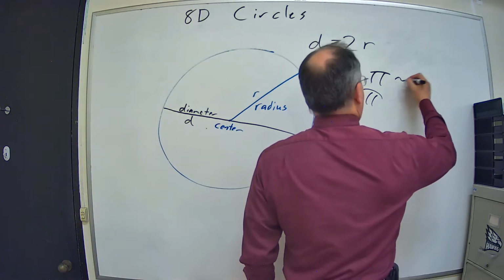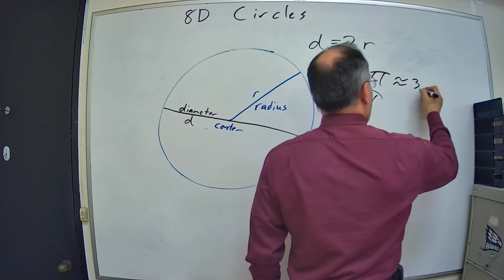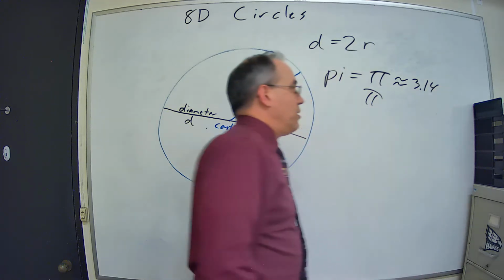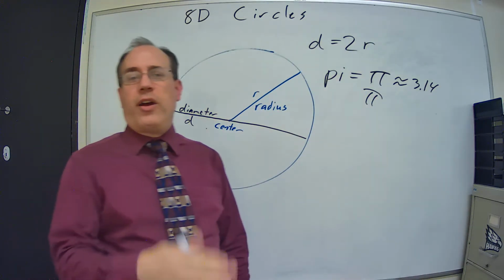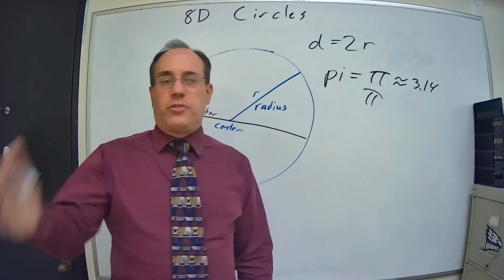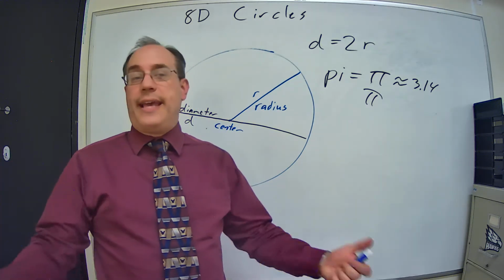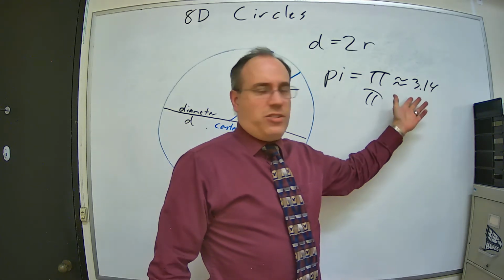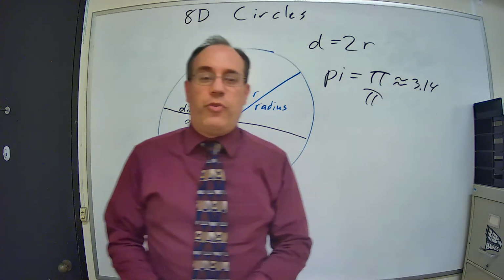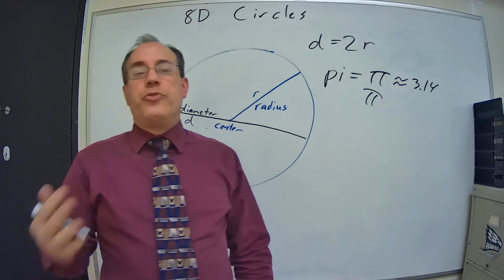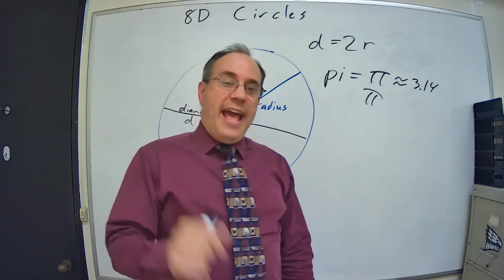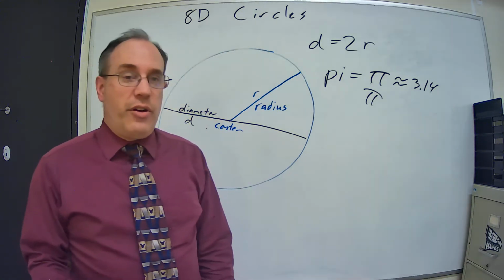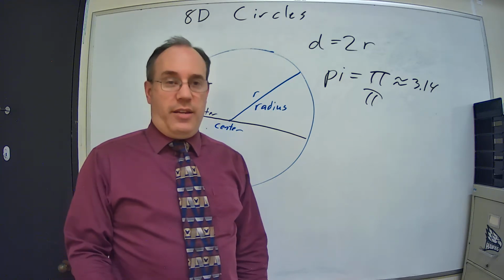It's approximately equal to 3.14. It's really 3.14159, so it keeps going on forever, so I can't give you all those digits. But it can be approximated to 2 decimal places as 3.14. So many times we will use that approximation. Any scientific calculator has a pi button on it.